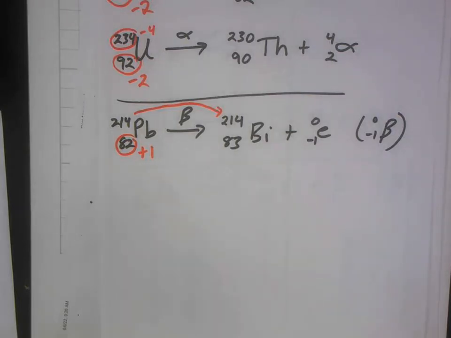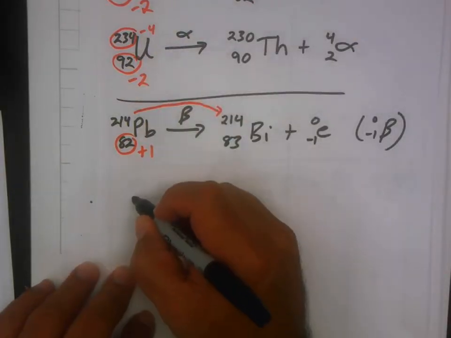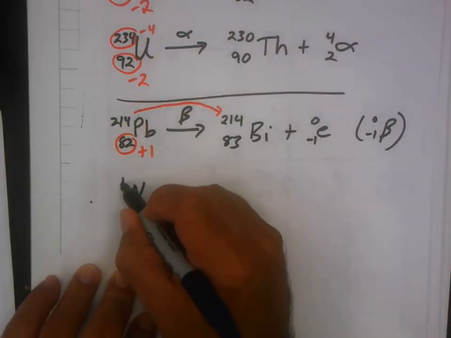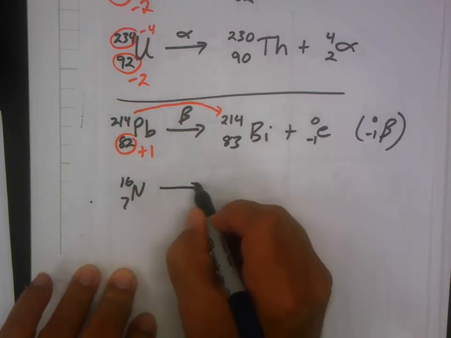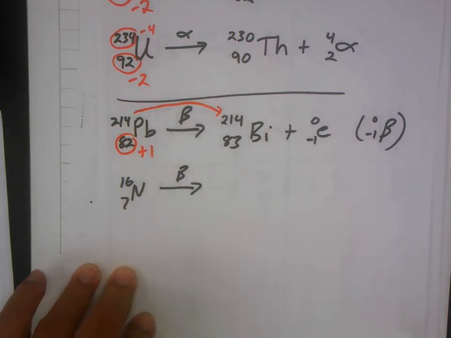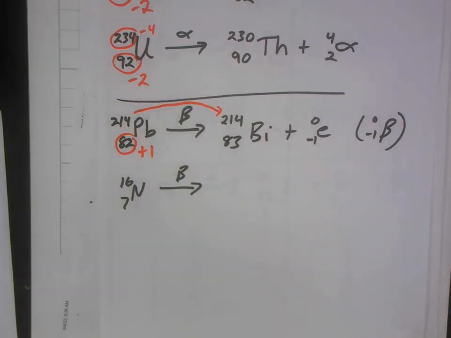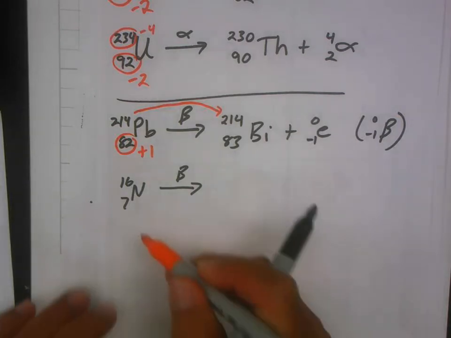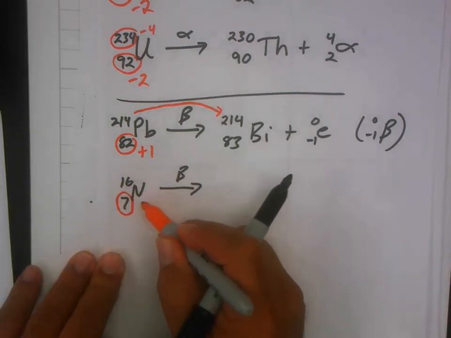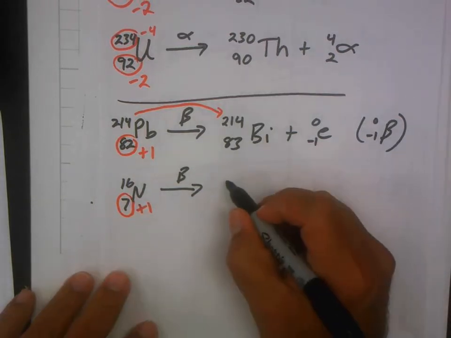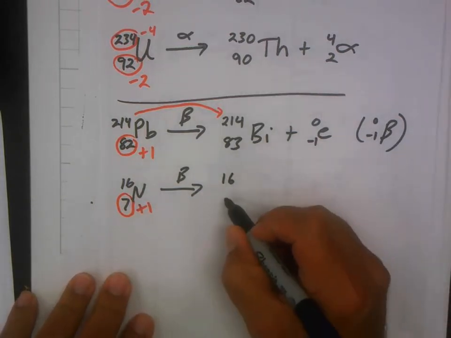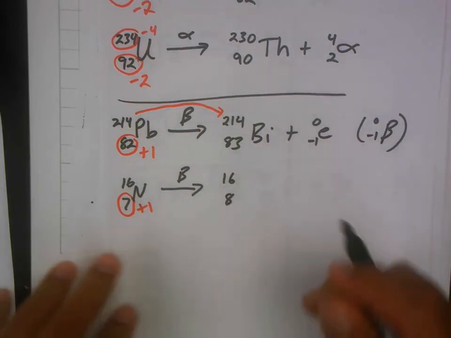One last one. Because these are all big, but let's try a smaller one. Let's say you have nitrogen-16. Nitrogen-16 also undergoes, let's say, beta decay. So, once again, leave the mass number alone, add 1 to the atomic number. And we're going to end up with a particle with mass number of 16, atomic number of 8.